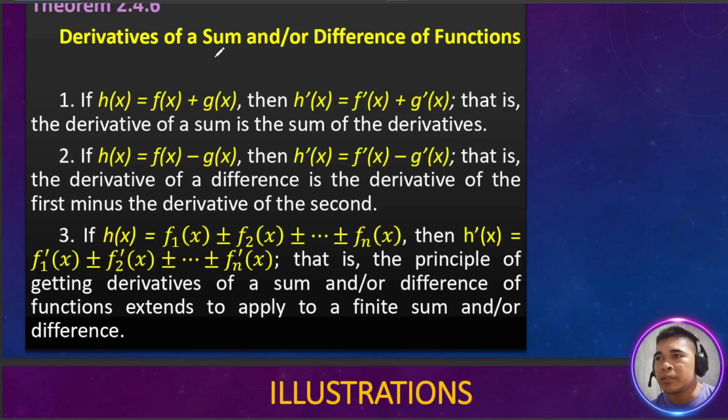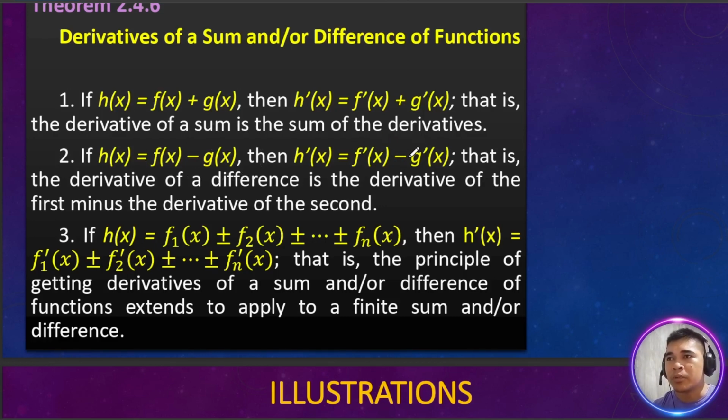Kuhaan mo derivatives ang matag terms. Then after na i-add. Next, h of x is equal to f of x minus g of x, then the derivative of h of x is equal to the derivative of f of x minus the derivative of g of x. That is, the derivative of a difference is the derivative of the first minus the derivative of the second.